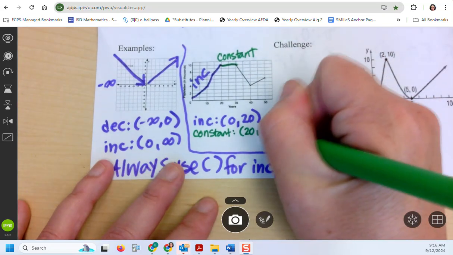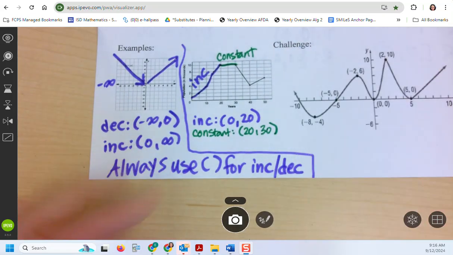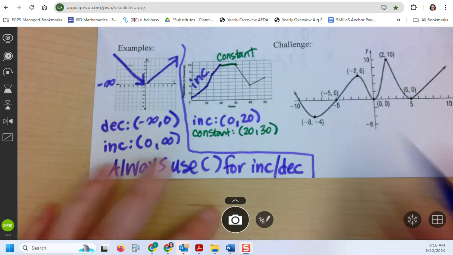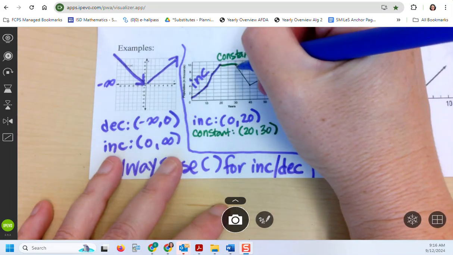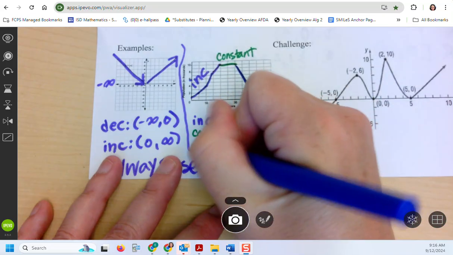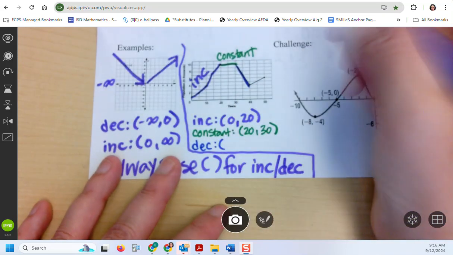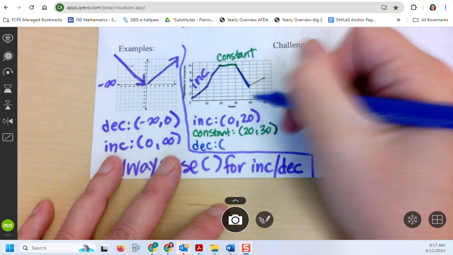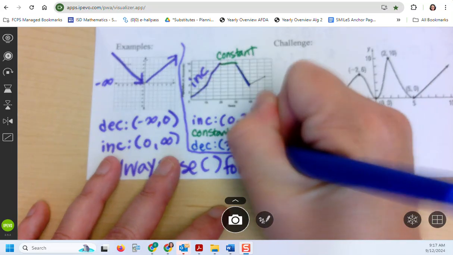Yeah, you're right. 30. Do I have a third color? No. Okay. Oh, there it is. All right, and then finally he's doing what here? He's decreasing, then that would be 30, is it 30 to 40? Is that what you guys get?